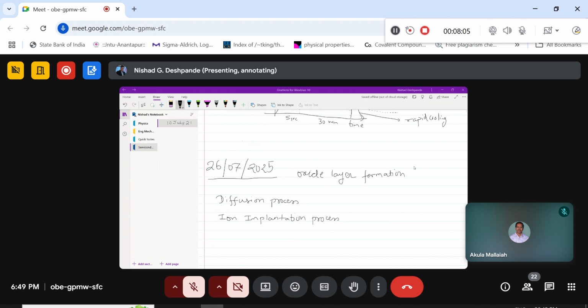So after oxidation, we already discussed that along the silicon wafer you can get a very good spectrum of colors, and depending on the spectrum of colors one can understand the thickness. I mean, what thickness is grown on that silicon wafer can be understood from this particular chart here.